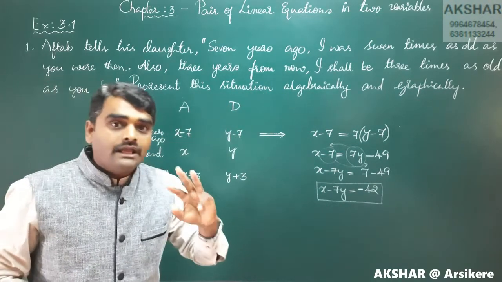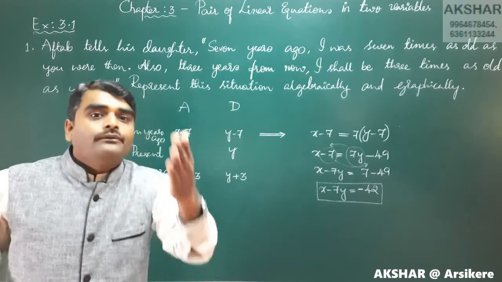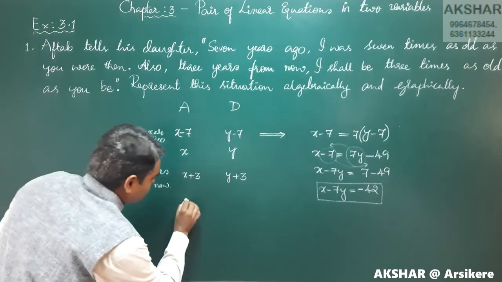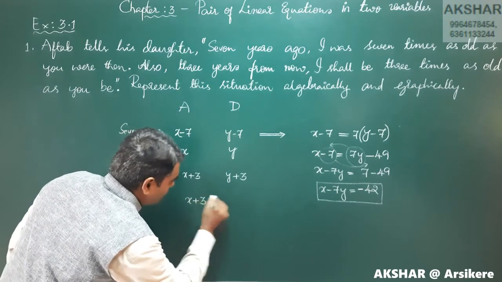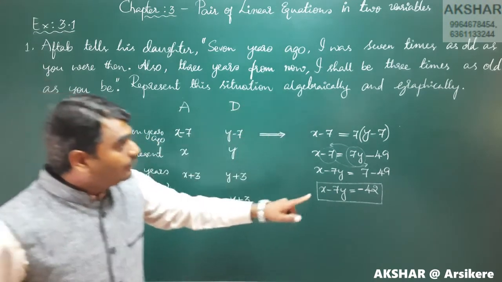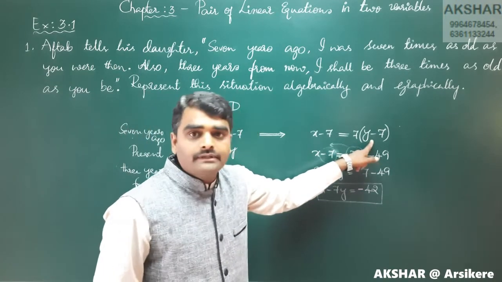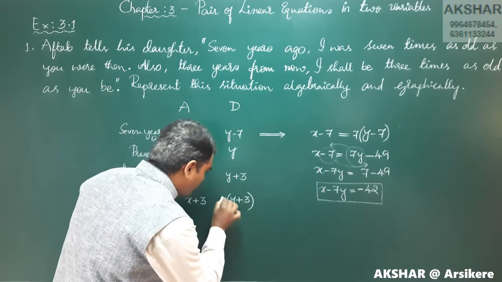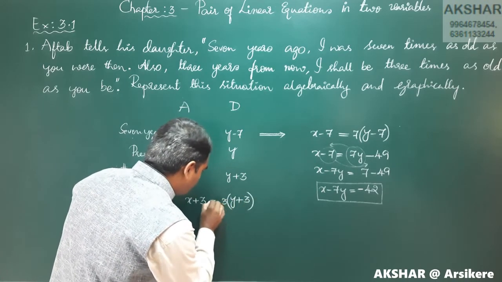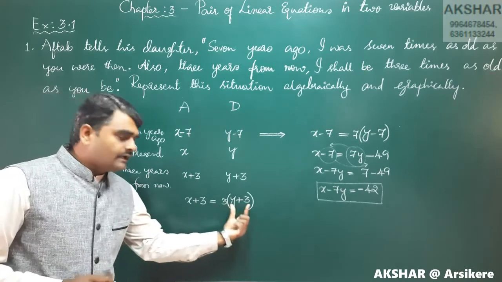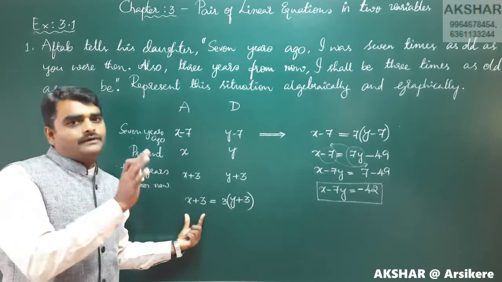Again, times is multiplied to the daughter's age, exactly. Yes, this is x plus 3 and y plus 3. How did you multiply 7 times with the daughter? In the same way you multiply 3 times to the daughter, then it will be equal. Okay, 3 times the daughter's age is equal to the father's age.